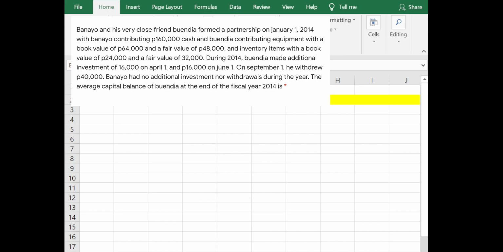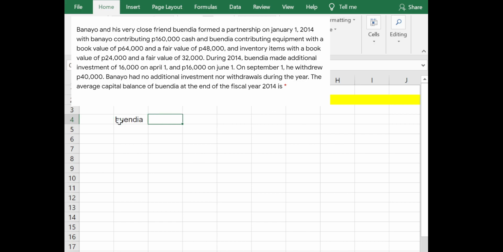So the question: the average capital balance of Buendia at the end of the fiscal year 2014 is... Since the question is only about Buendia, we will focus on Buendia. Let's go back to his contribution.